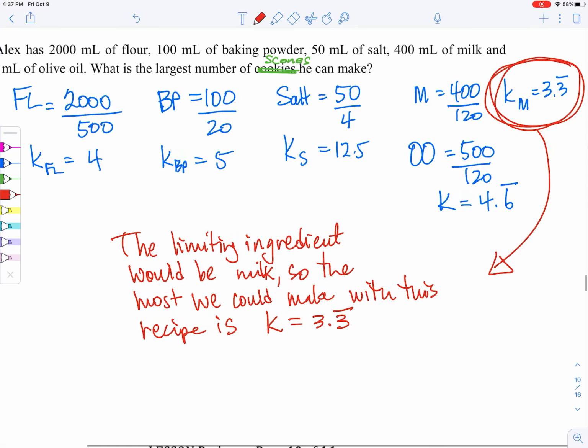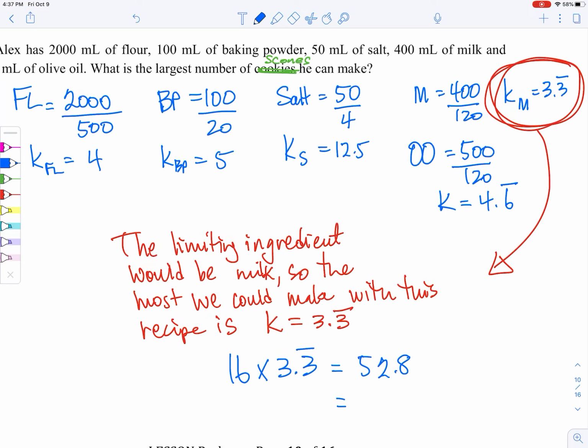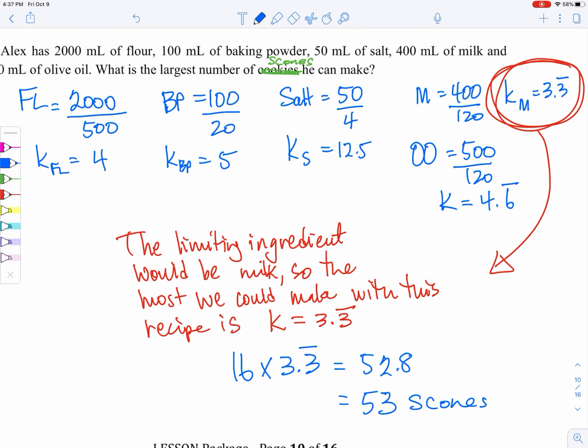So we can make 3.33 batches. Our original batch made 16. So that would be 16 times 3.3 repeating, which is 52.8. And if you're talking about baking, you can always make one a little bit smaller. So really that would be 53 of the scones.